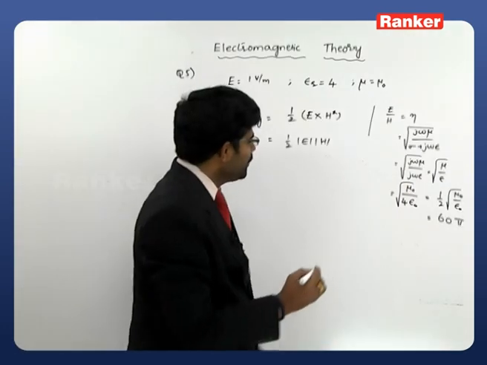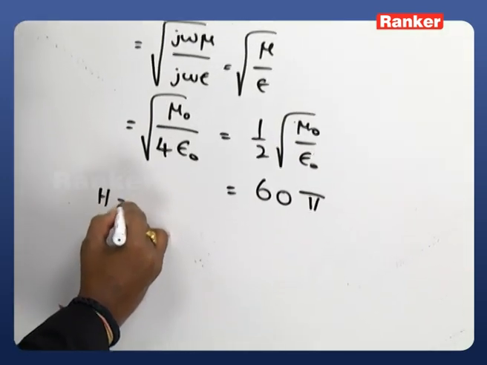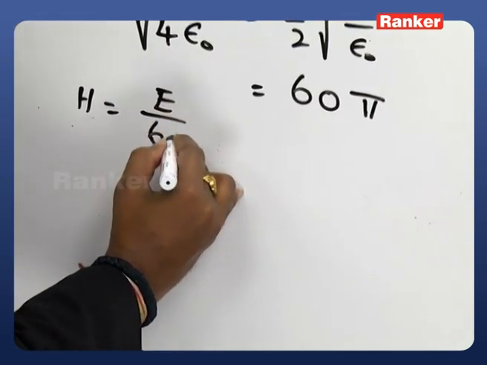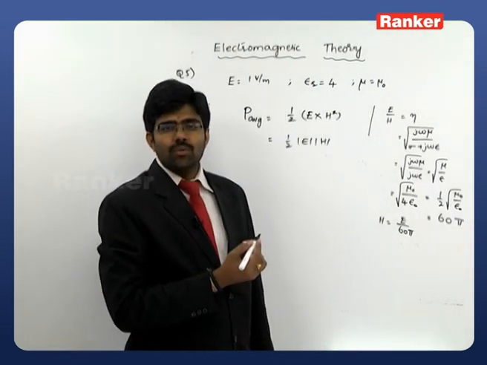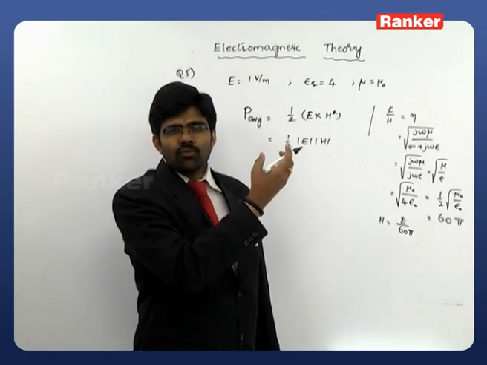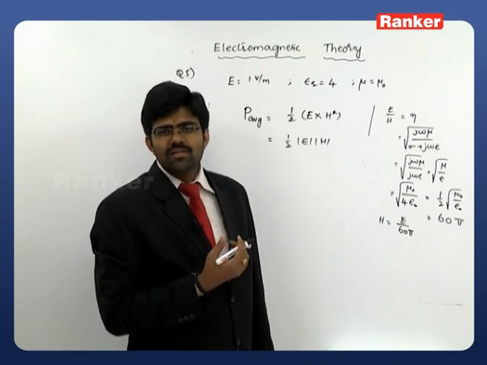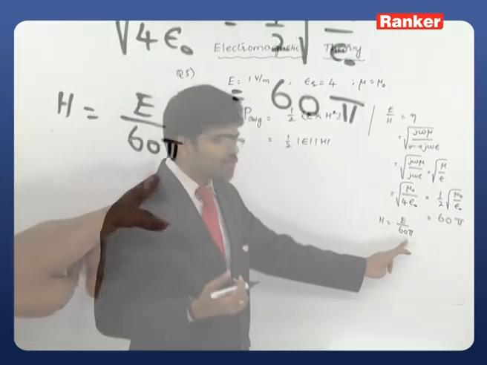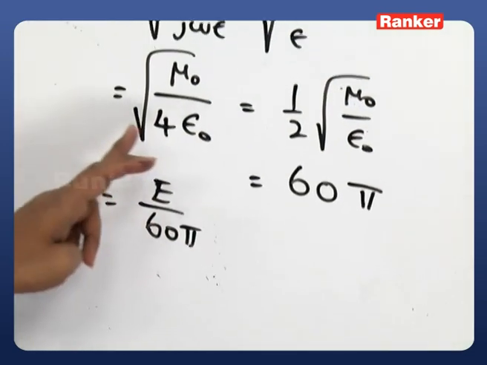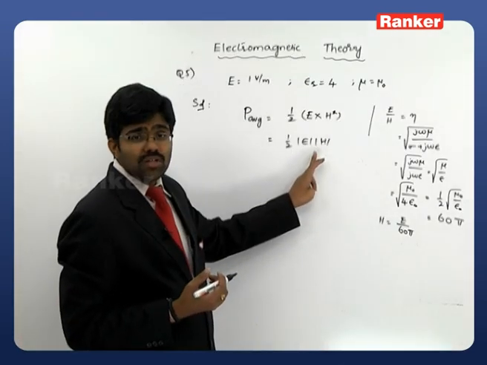Now from this, H is equal to E by 60 pi. Don't go for any other equations. Don't try to get the magnetic field intensity equation from the electric field intensity equation. Just use this relation: E by H is equal to 60 pi, which corresponds to H equal to E by 60 pi. Substitute here.